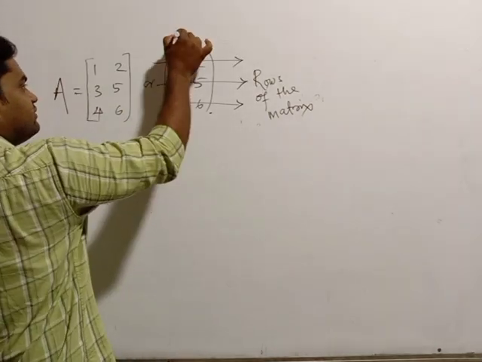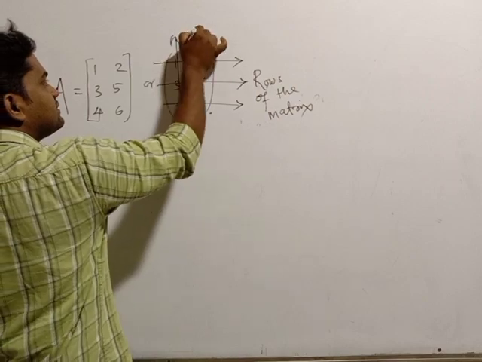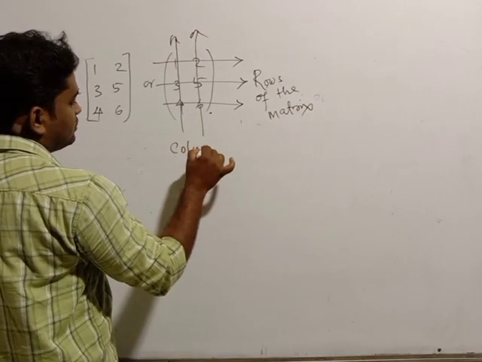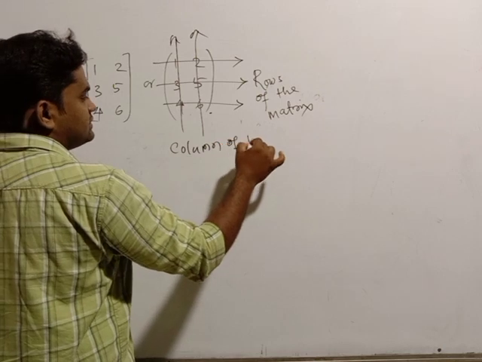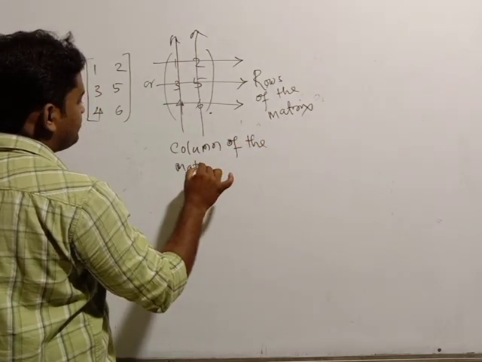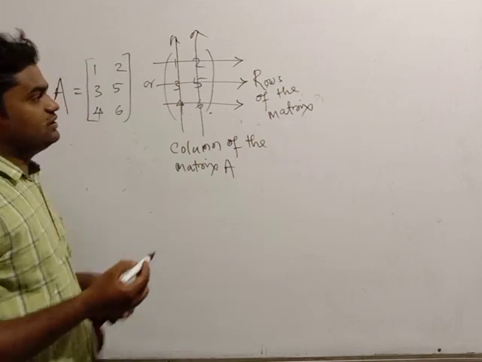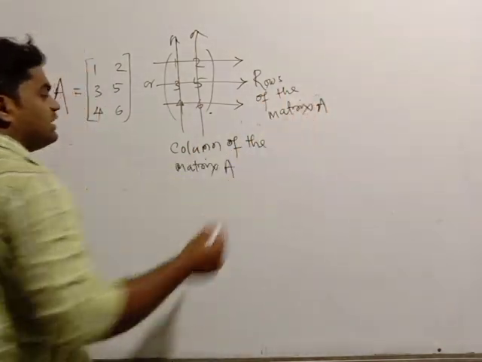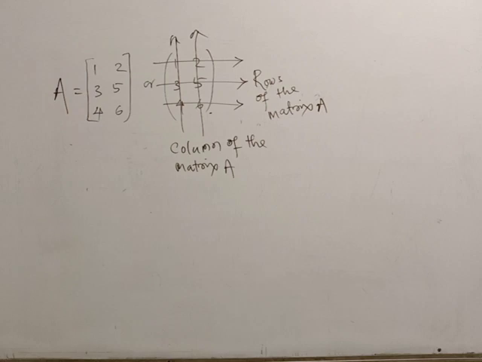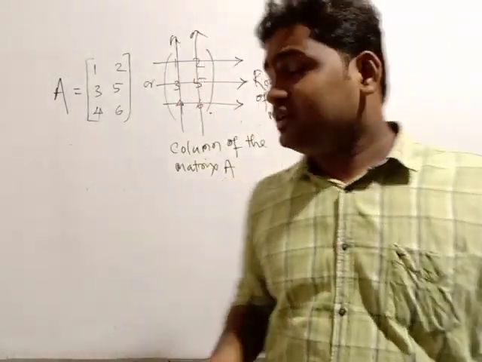And the vertical lines are called columns of the matrix A. So simply, the horizontal lines of the matrix are called rows, and the vertical lines of the matrix are called columns of the matrix.